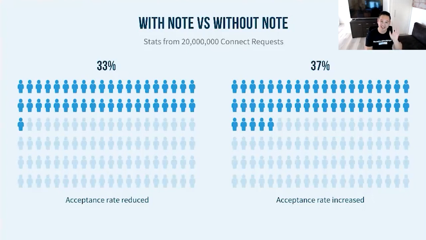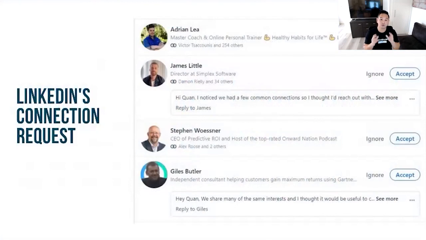And I'll tell you what's infinitely more important than sending a connection request with or without a note: your profile image and your main headline. This is what we've worked out. LinkedIn only allows about 220 characters in that note, so there are only so many different ways you can write a connection request note, and after a while they all look the same.